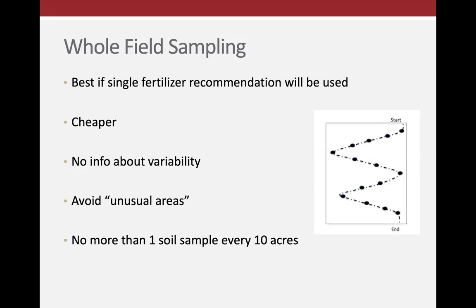Even in a whole field sampling here, you can see each one of these dots, there's a zigzag approach. Each one of these dots is a different core that is put in, say, the same bucket or a bag and mixed together, and that's going to represent a soil sample. So again, we call that a composited sample. It's composited across multiple cores or spades or sharpshooters or whatever tool you're using to pull that soil.